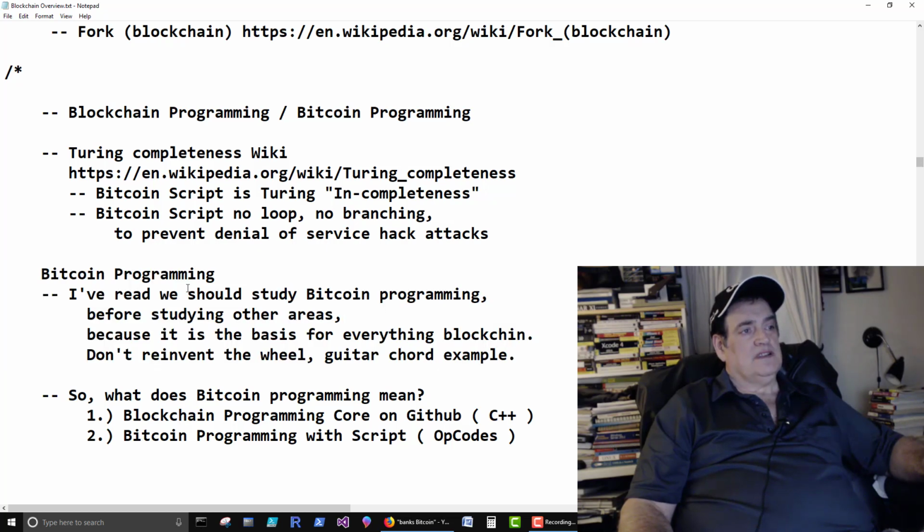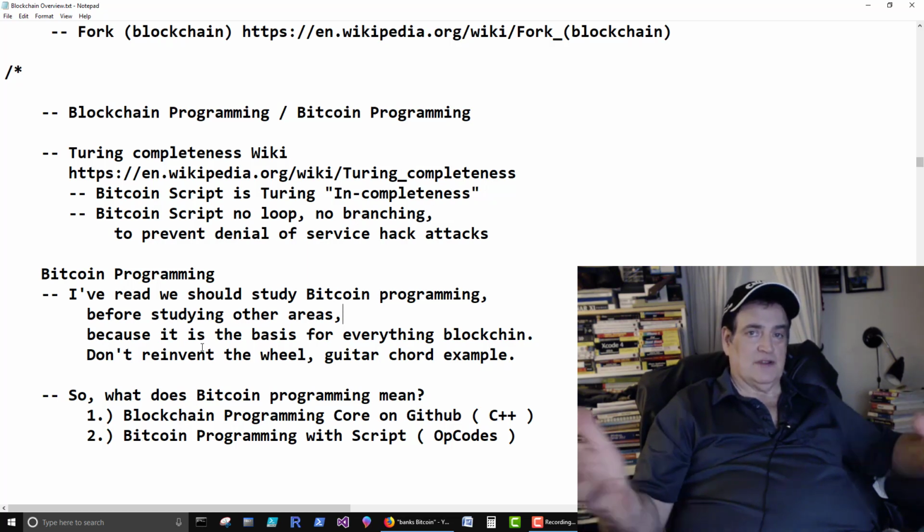But then I bumped into something that said we should study Bitcoin programming before studying other areas, because that's the basis for everything. So that really makes sense to me. You know, you don't want to reinvent the wheel. You might think you're doing something new and revolutionary, and here you're just doing the same thing that Bitcoin has already done. So that makes sense.